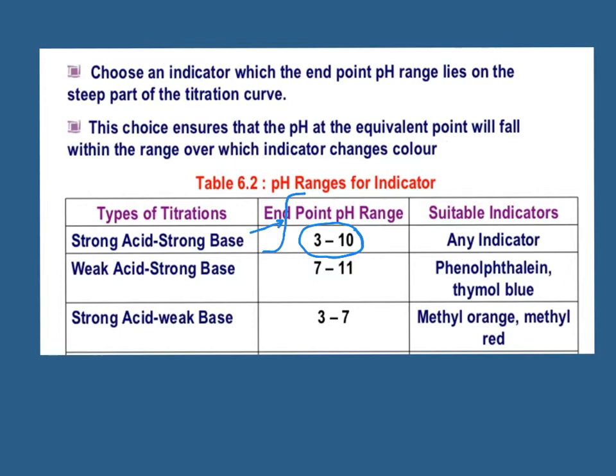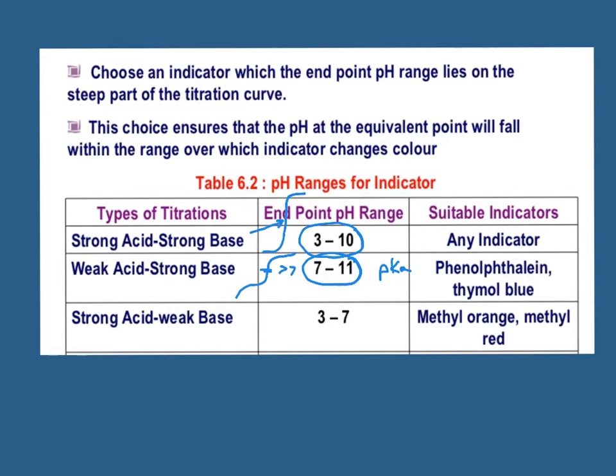So almost any indicator will work. The weak acid, strong base has a smaller rise, and the equivalence point is greater than 7. So you usually want something in the range of 7 to 11. So you're looking for an indicator whose pKa is somewhere between 7 and 11.